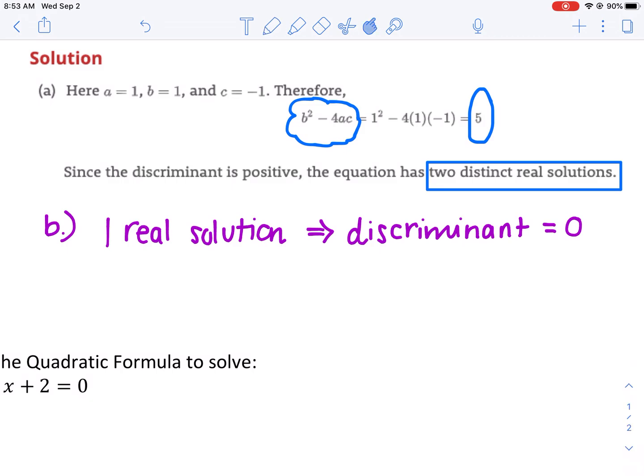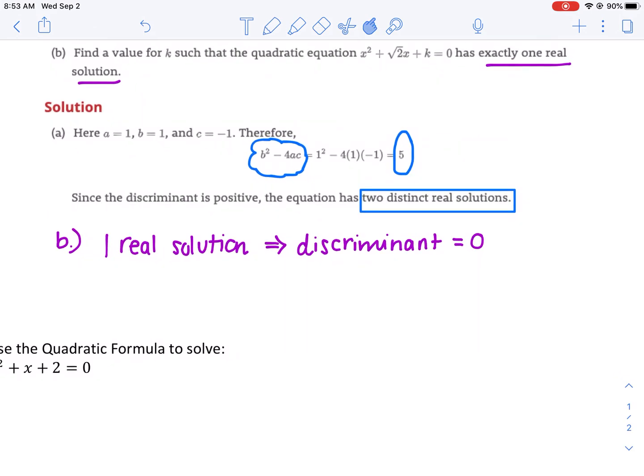Well, looking at the equation, I know that b squared minus 4ac is going to have to equal 0. That's what I mean by the discriminant has to equal 0. Well, let's plug in my values. There's my a, my b, and then my c. Notice it equals 0, so I can take those a, b, and c's just as they are.